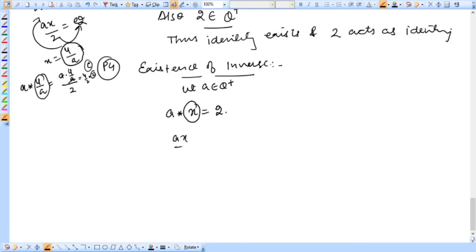So ax by 2 must be equal to 2, x must be equal to 4 upon a. Thus 4 upon a acts as inverse of a, right?